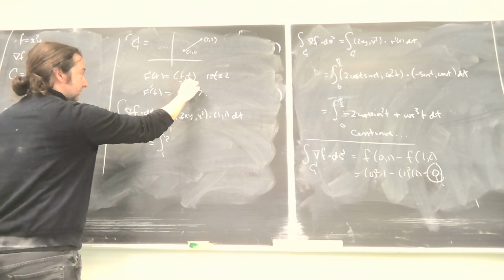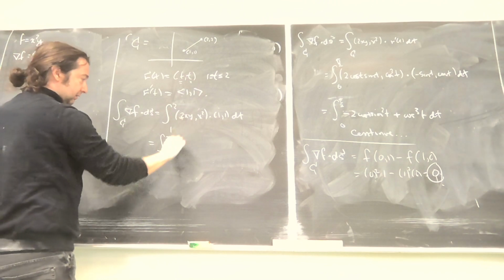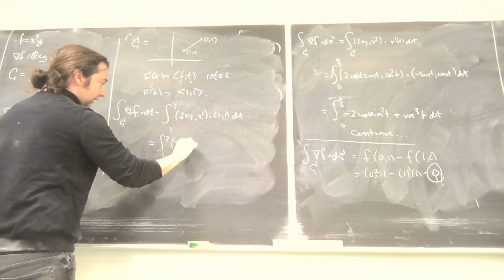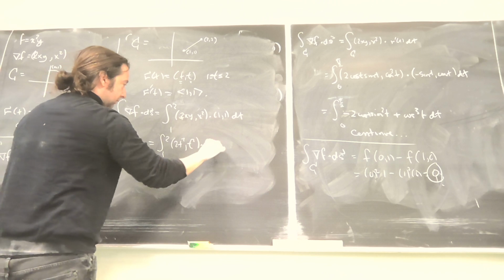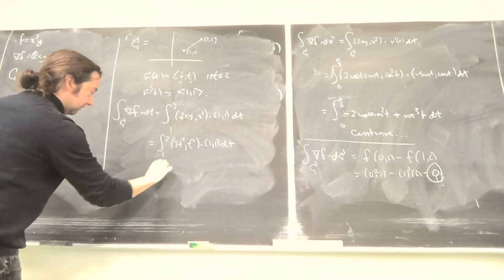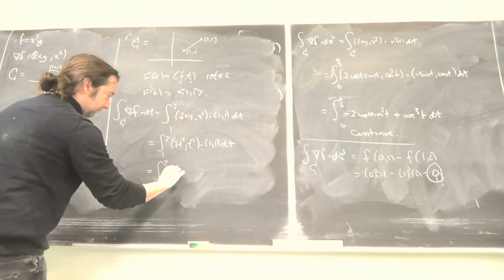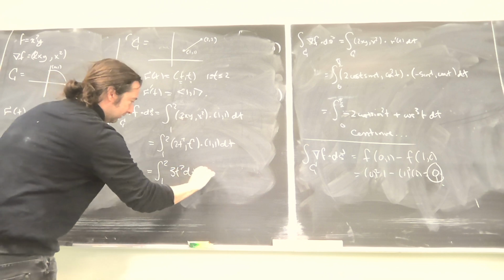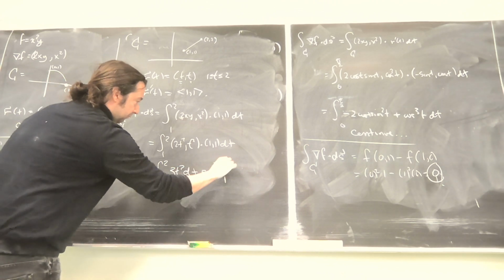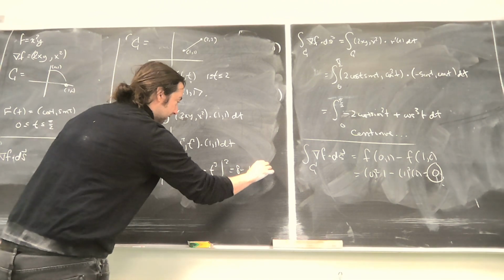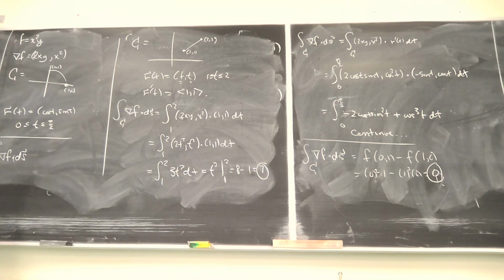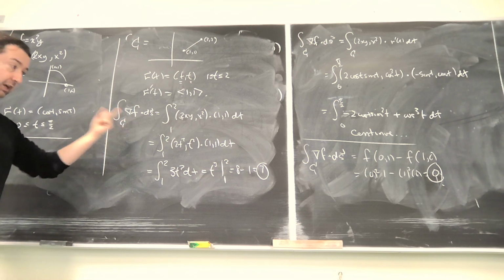So x was equal to t and y is equal to t. So you get (2t squared, t squared) dotted with (1, 1) dt, which is equal to the integral from 1 to 2 of 3t squared dt, which is t cubed evaluated from 1 to 2, which is 8 minus 1, which is 7. So if I parameterize the curve and run it using our definition of the line integral of a vector field, I get 7.